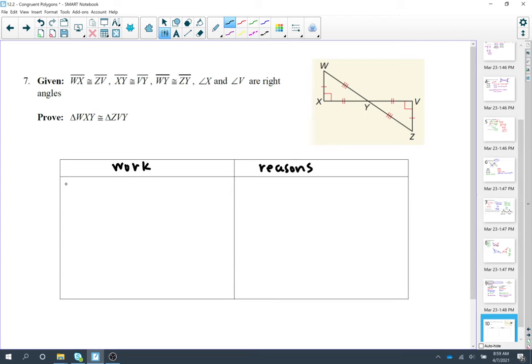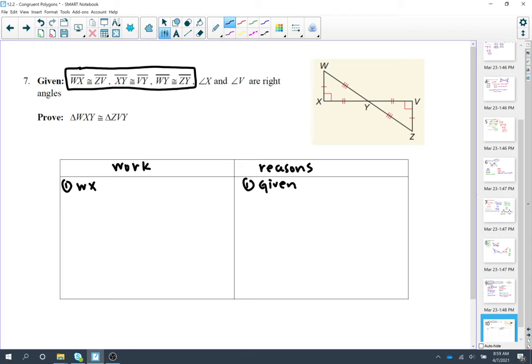And again, step 1 is always going to be our given, or at least part of our given. In this case, if you notice your given, we're trying to prove that two triangles are congruent, and they already told us that all 3 sides are congruent. That's great because half of our proof is done, so I'm just going to record it in the given.